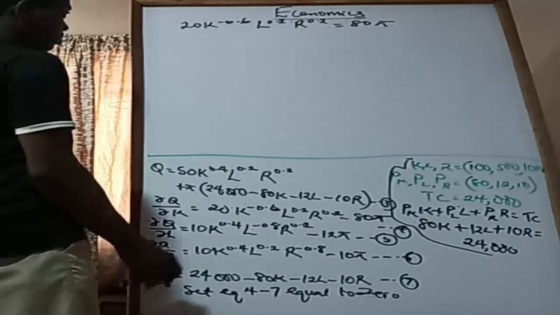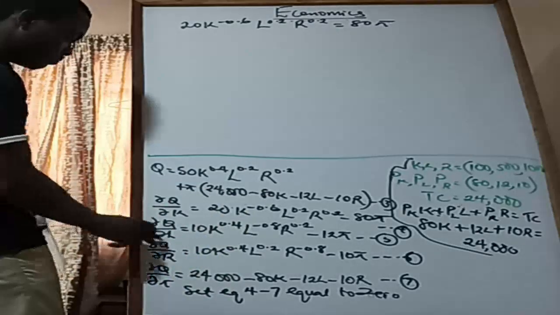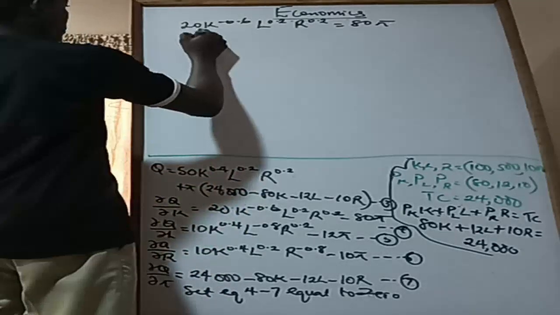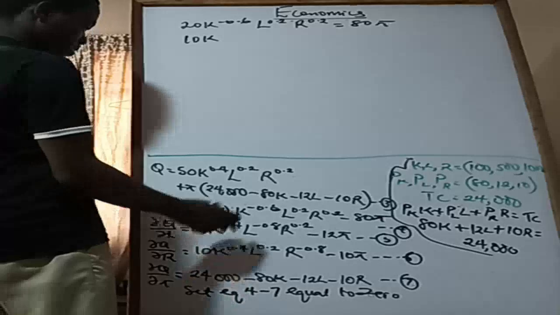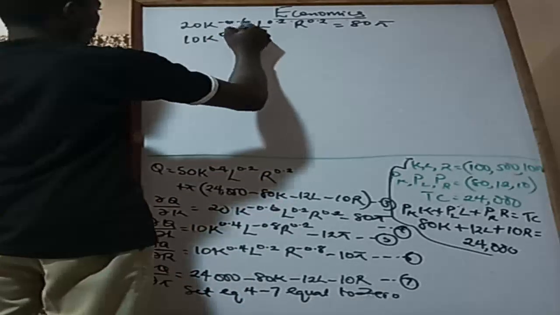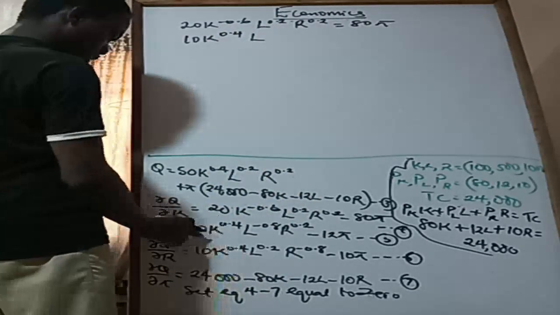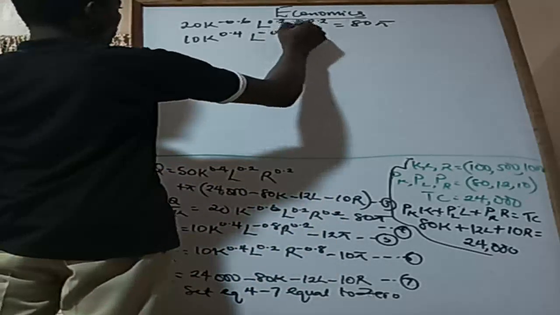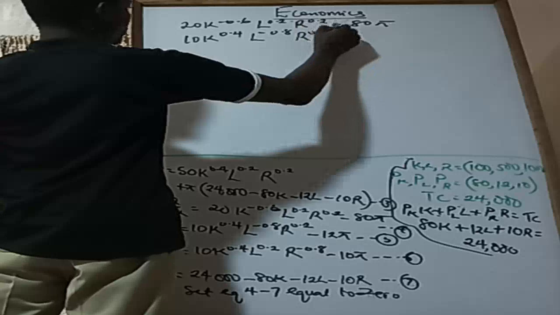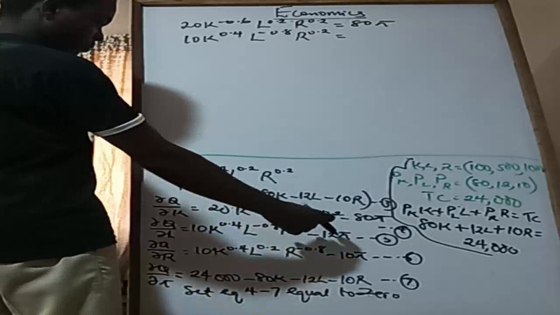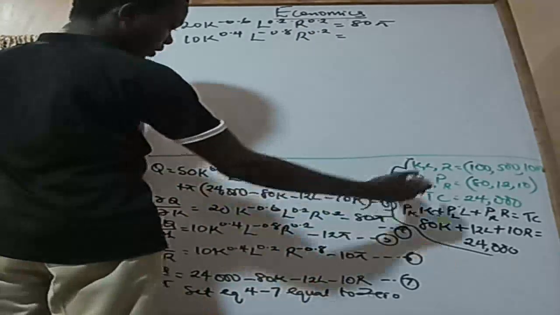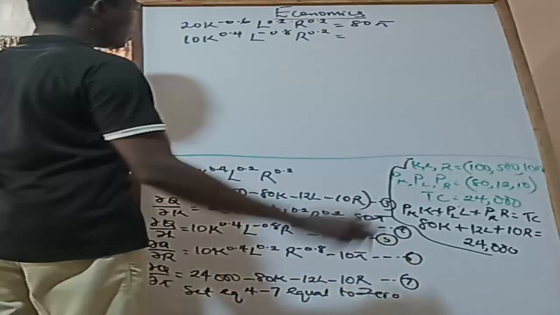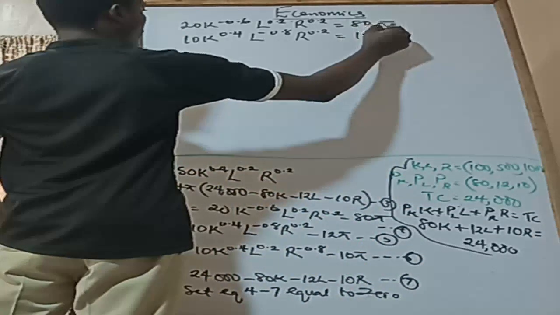Then the next one, 10K^0.4 L^-0.8 R^0.2 equals 12 lambda. All of this is equal to 0 minus 12 lambda, 12 lambda goes to the other side.